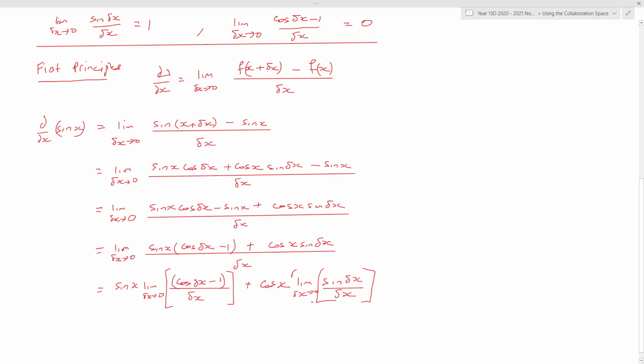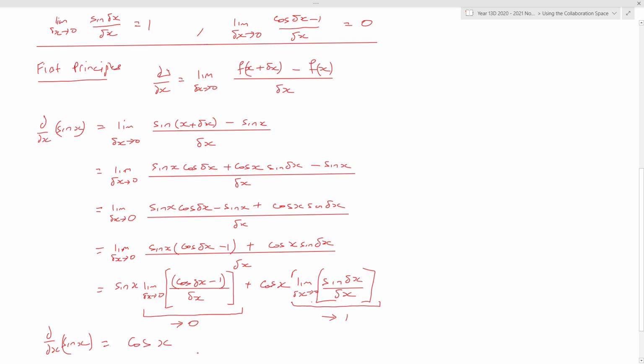So this is going to tend to 1, and this here is going to be equal to 0. So we've got sine of x times 0 plus cos of x times 1, so that's equal to cos of x, which is what we were looking for. So d over dx of sine of x is equal to cos of x from first principles.